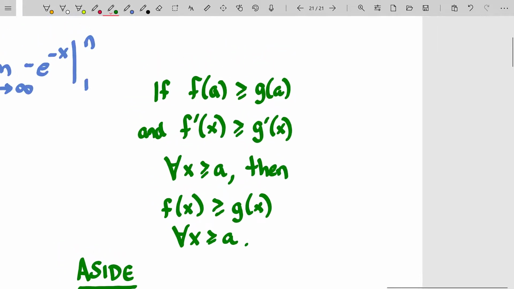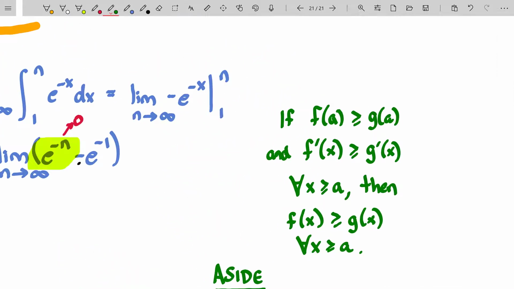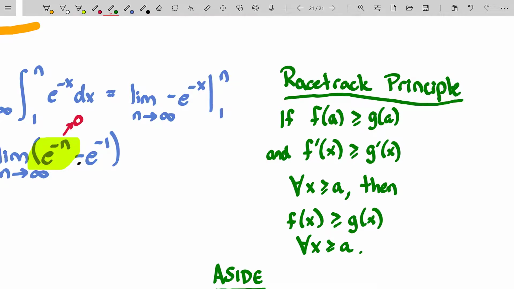Now, that sounds confusing, but the name of this theorem, the racetrack principle, is incredibly powerful and easy to understand if you think of it in terms of a racetrack. So, without abusing a horse in this race, let's just talk about mathematical horses. Let's suppose that you have a race and it starts at x equals 0. Or actually, let's just keep it arbitrary, x equals a.